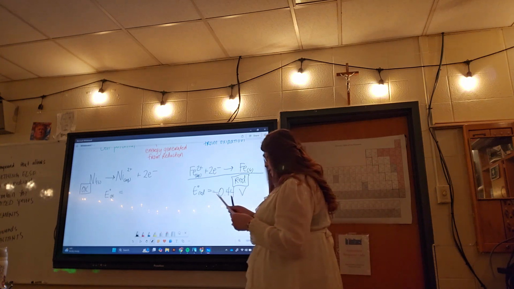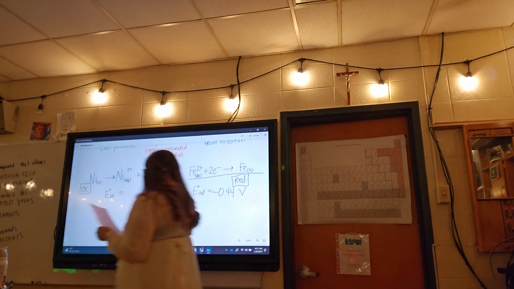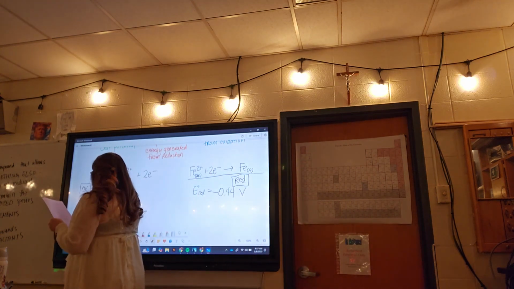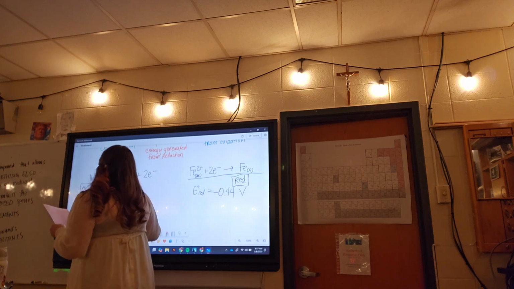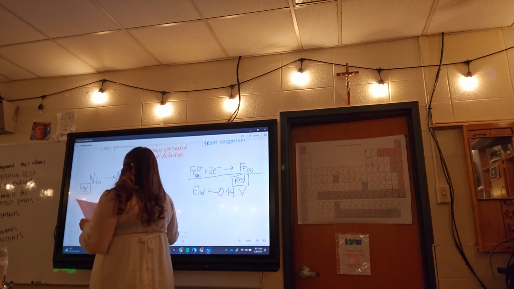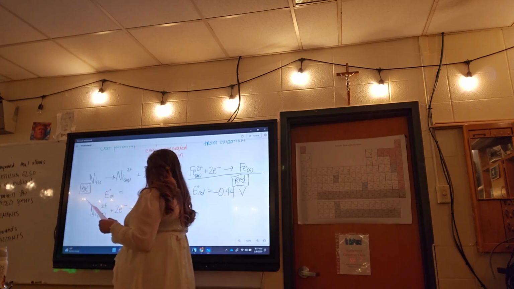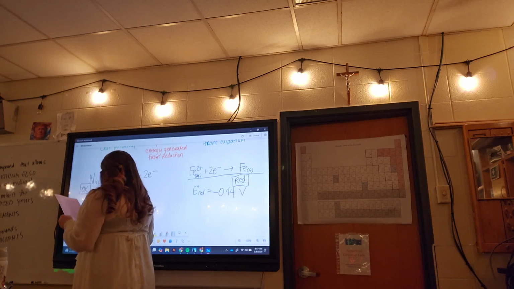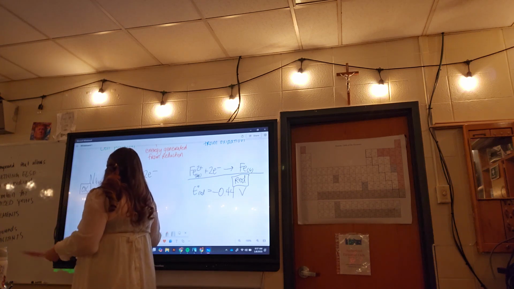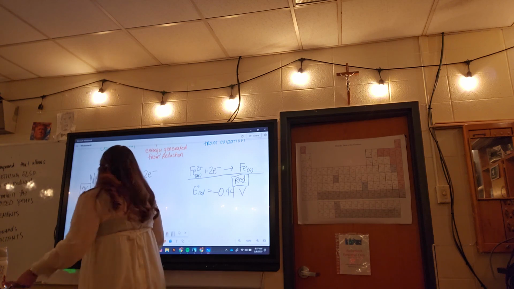It is, and it is backwards. So I'm going to write down what I see on this table exactly the way that I see it. And then my value is negative 0.25 volts.